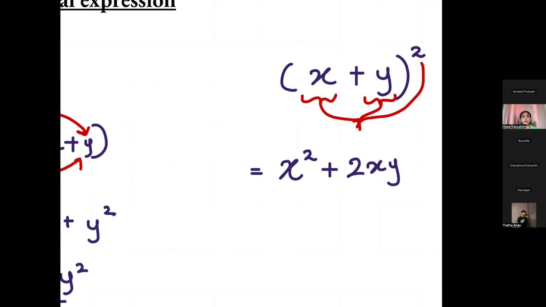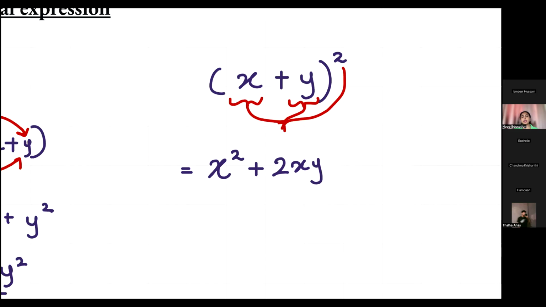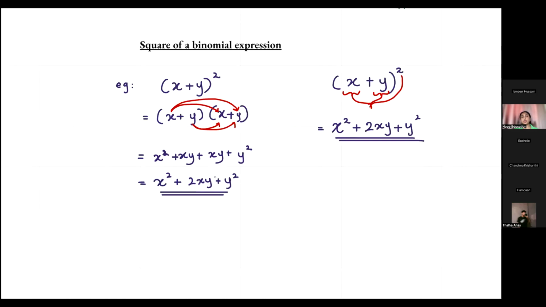Okay. Then finally we take the square of the second term. The second term is y. The square of y is y squared. Plus times plus is plus. Look, in this long method, 1, 2, 3, it took us 3 steps. But in the shortcut, we only need 1 step. So this is always the best way to find the square of a binomial expression.